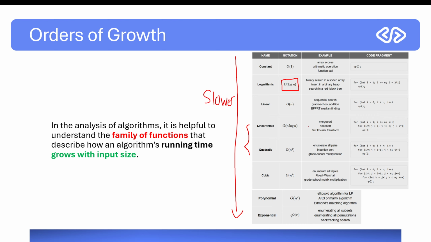Just know that polynomials are pretty large, and that if you multiply something linear by a logarithmic factor, that's going to be more than just linear. And that's all you have to know. Just know the order of these, and perhaps some of the examples where they pop up. That's going to be all on your formula sheet again, so this one's not too critical, but just know the order they are in.